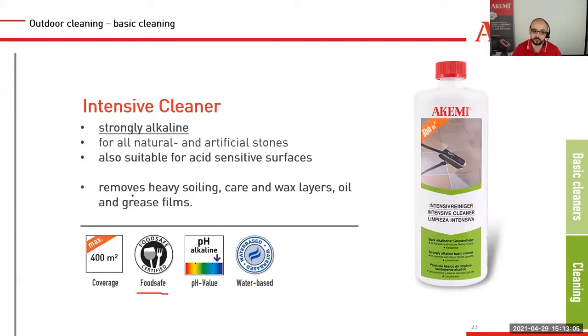It removes heavy soiling, meaning if you have some soot on the surfaces, on the garden terrace and so on, then you can remove it with the intensive cleaner. This product is also a concentrate, so you can dilute it. We recommend starting with a dilution of 1 to 20, but depending on the dirt you have, you can also make it a stronger cleaning solution.